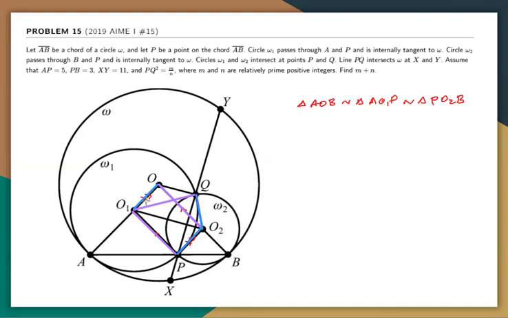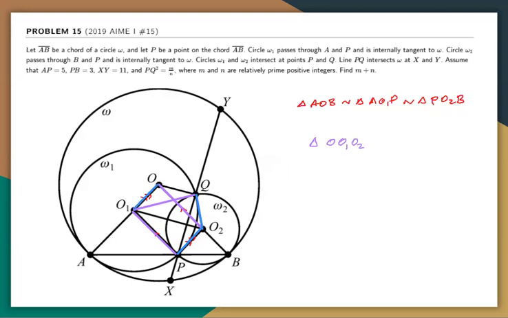So good news is, when you look at this figure now, let me write this as a statement. We have that two triangles are actually congruent. So we can say the triangle O1 and O2.